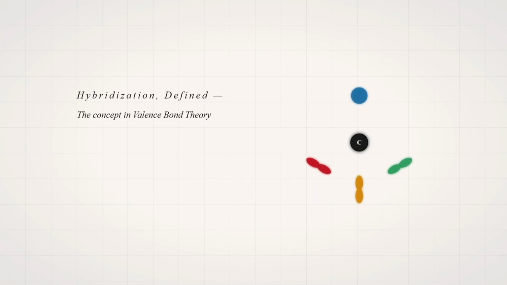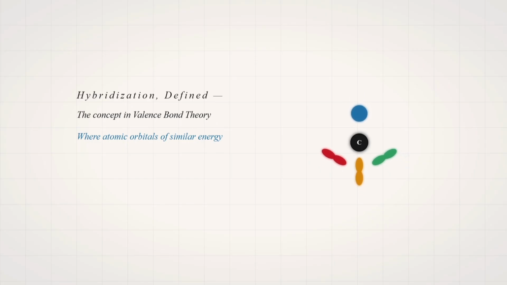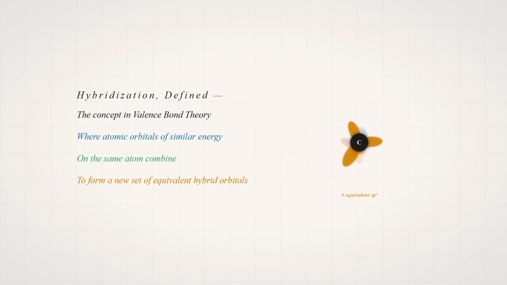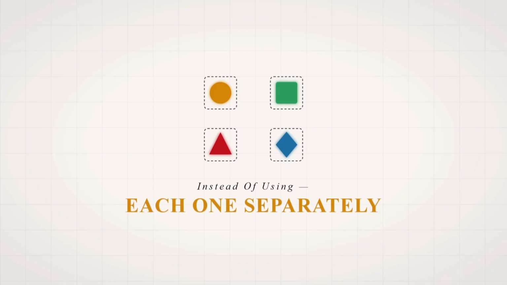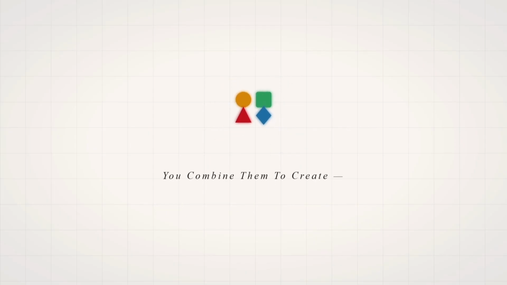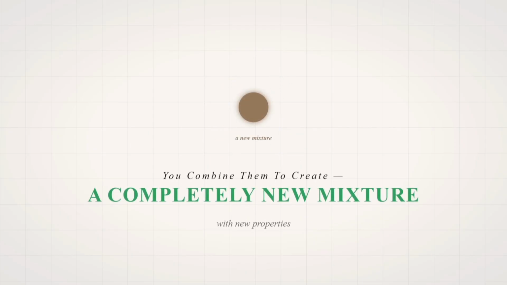Hybridization is the concept in valence bond theory where atomic orbitals of similar energies on the same atom combine to form a new set of equivalent hybrid orbitals. Think of it like mixing ingredients. Imagine you have different ingredients, and instead of using each one separately, you combine them to create a completely new mixture with new properties.